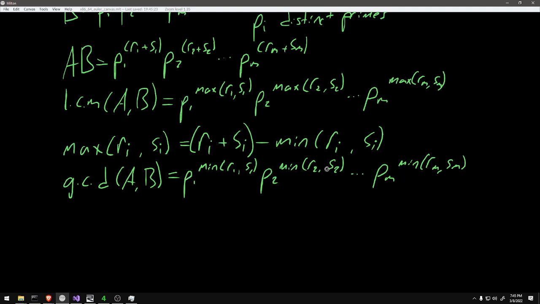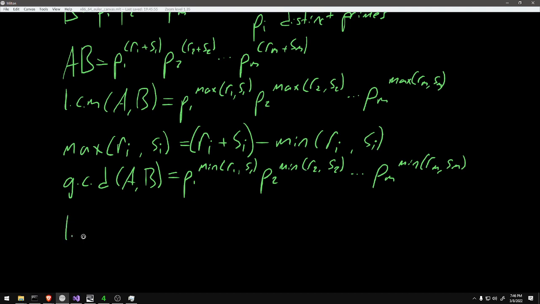One of the divisors of A and B is always 1, but this is as big as you can make the divisor and still have a divisor. So we can compute the GCD, and then we can compute the LCM as AB divided by the GCD, because when we do the divide, we'll get P1 to the R1 plus S1 minus min, P2 to the R2 plus S2 minus min, and so on.